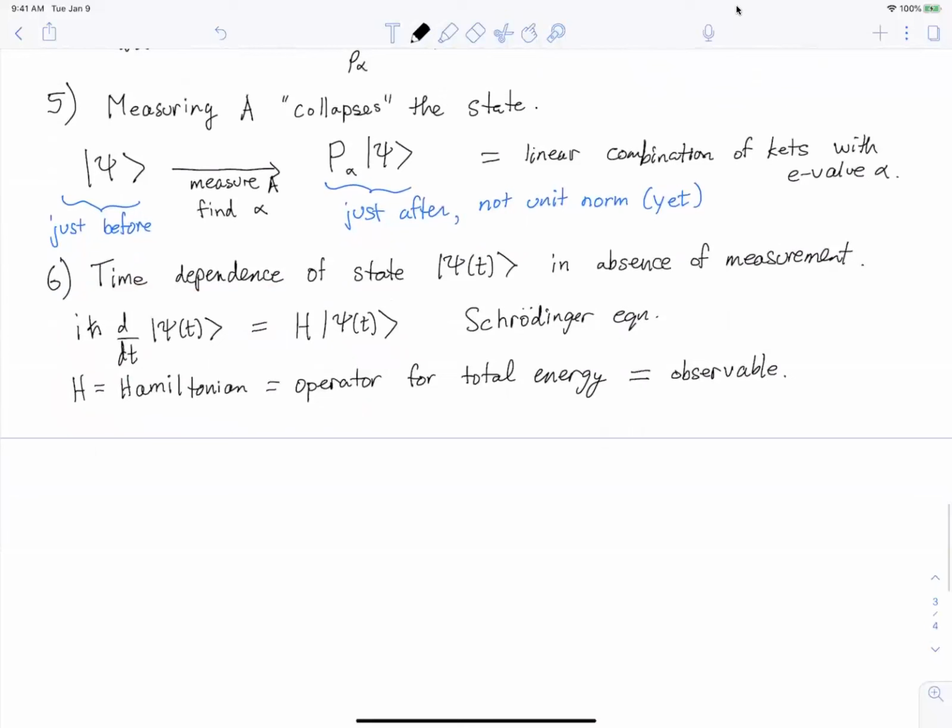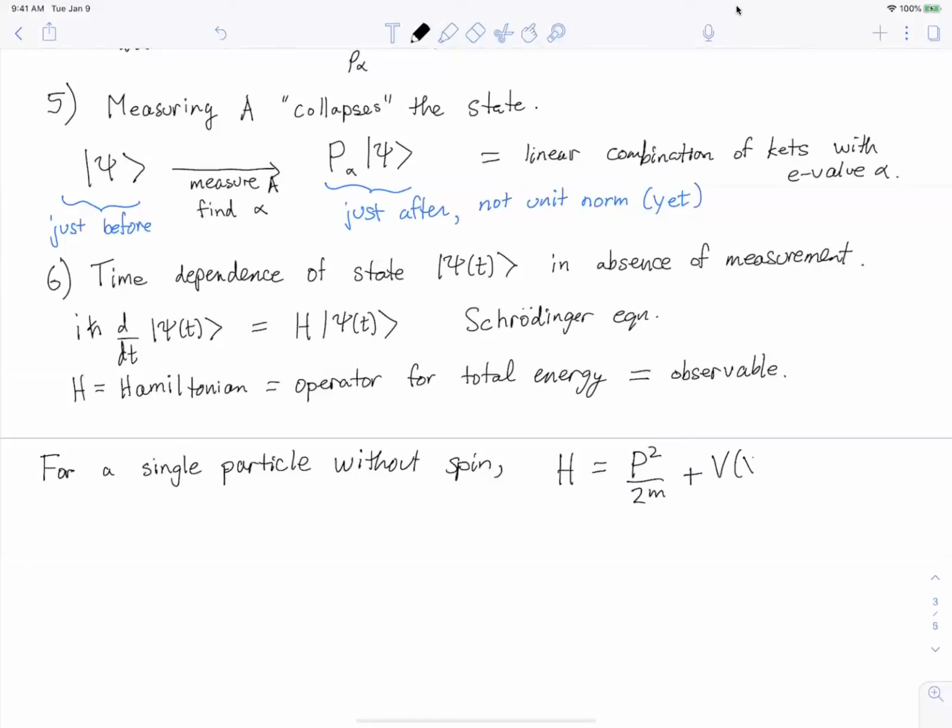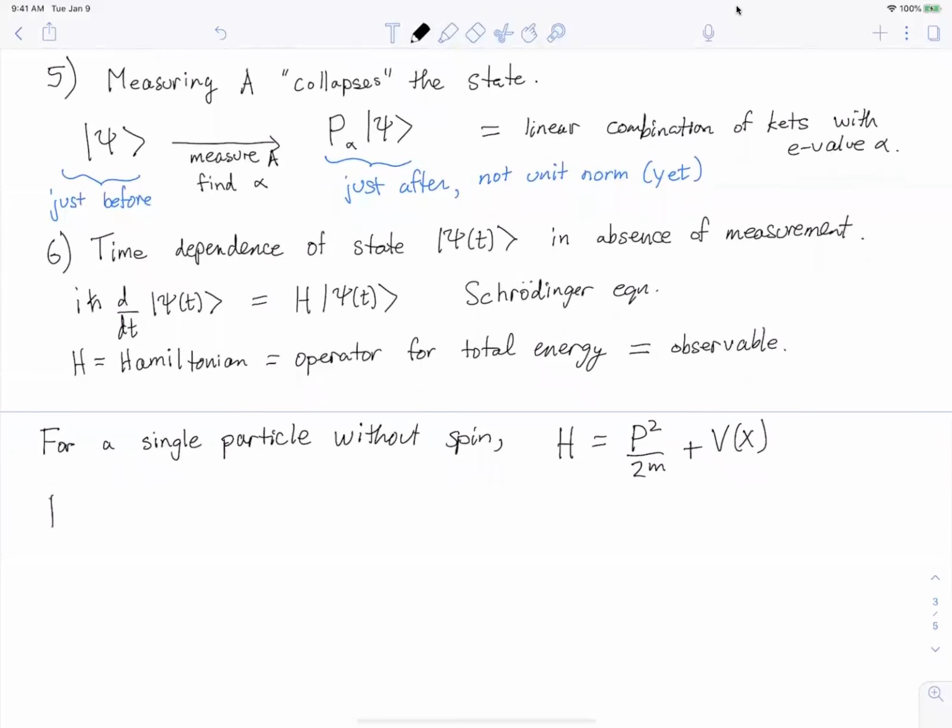So just for example, for a single particle without spin, the Hamiltonian is going to be a kinetic energy operator, P squared over twice the mass, plus a potential energy, which we're typically going to call V of X. So capital P here is the momentum.